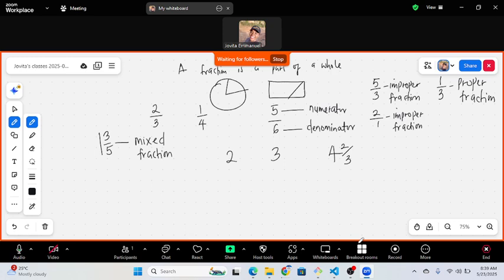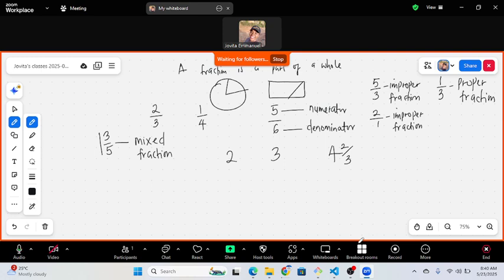Sometimes people call it mixed fraction, sometimes people call it mixed number, but it is a mixed fraction or a mixed number because it's a combination of a whole number and a fraction. I'm trying to describe various kinds of fractions for you, so just in case you come in contact with any one, you can identify what kind of fraction it is.